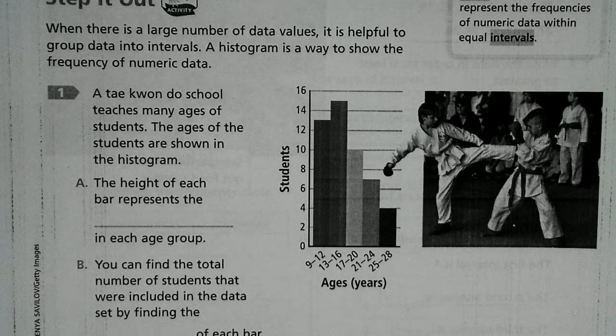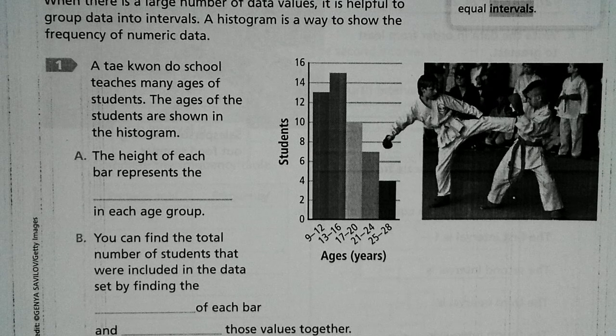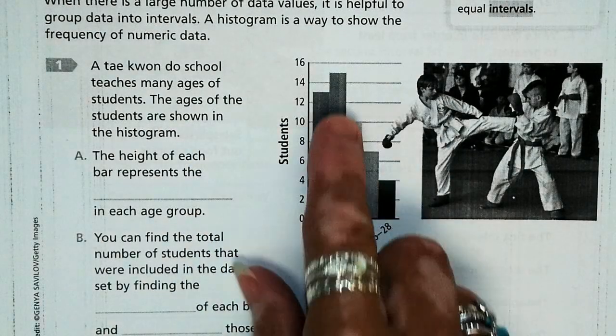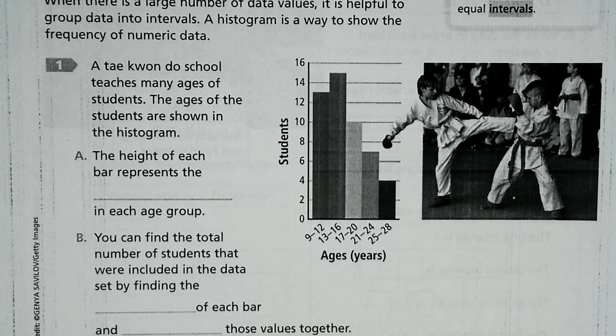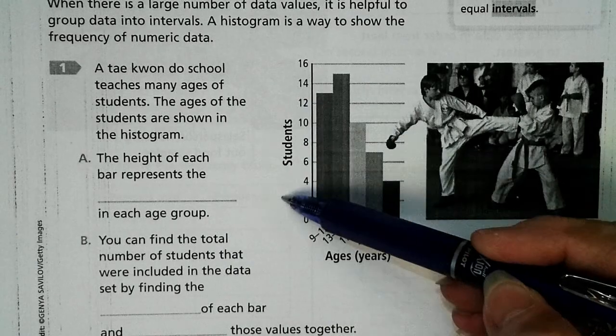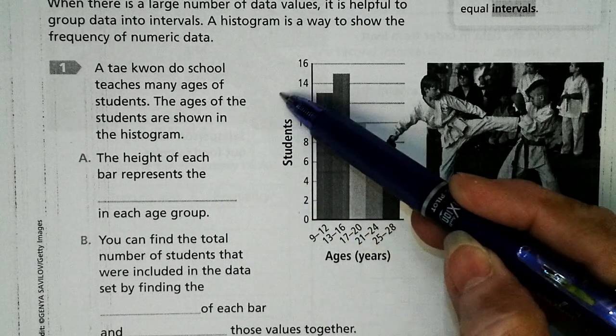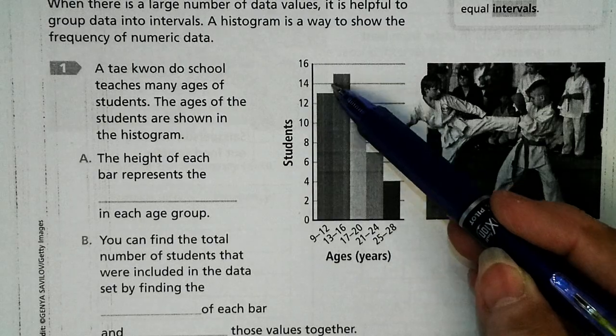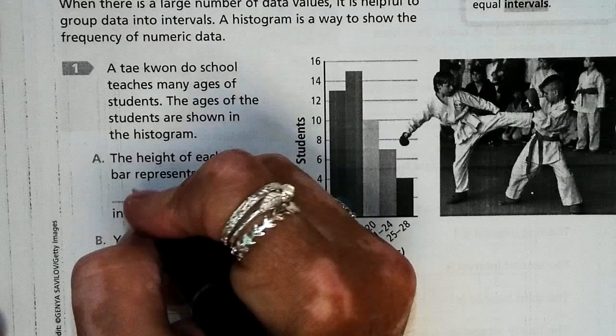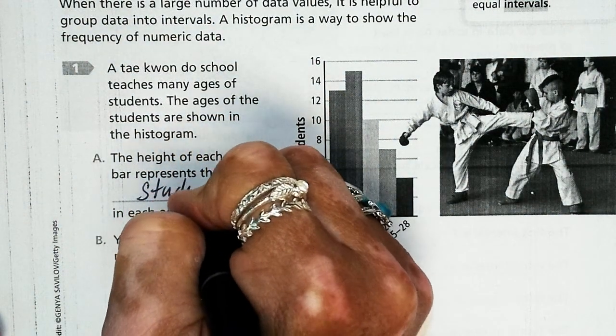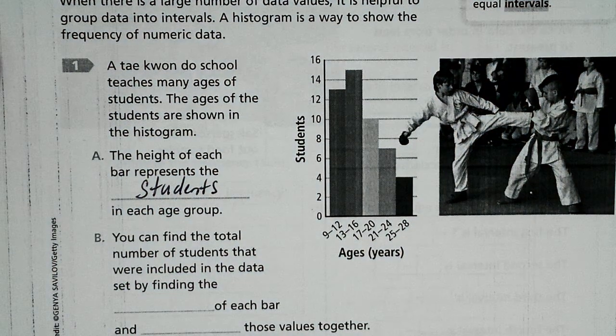So a Taekwondo school teaches many ages of students. The ages of the students are shown in the histogram. The height of each bar represents, so what does the height of each one of my bars represent? Students, thank you. Okay, number of students.